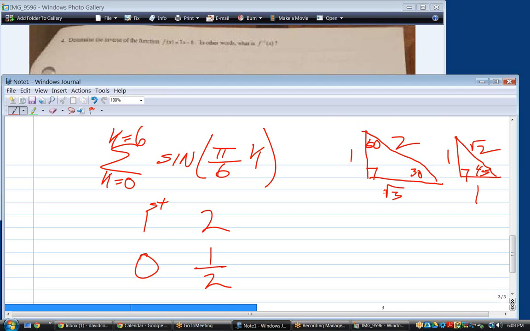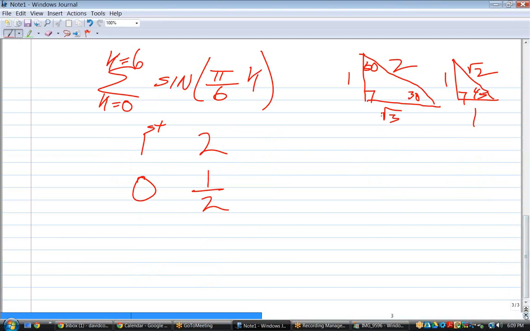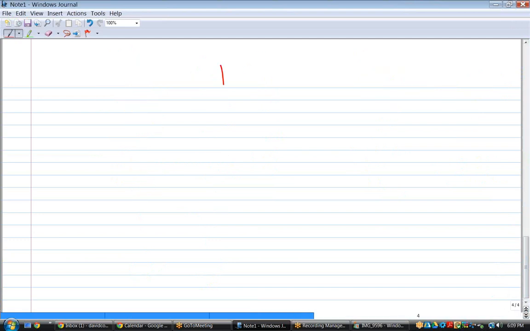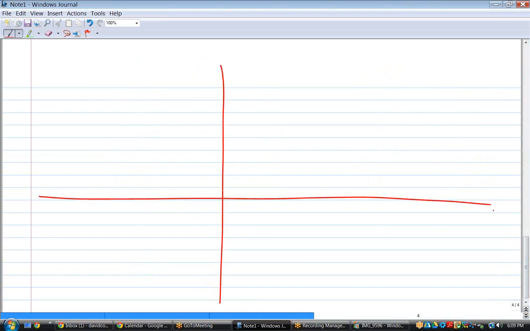But the sine of angles can be anything from -1 to 1. In other words, let's look at a graph of the sine function here for a moment. If I'm labeling this in radians, that's 2 pi.